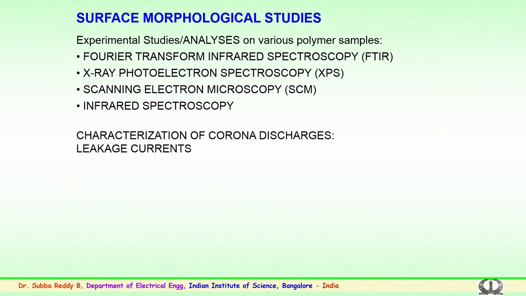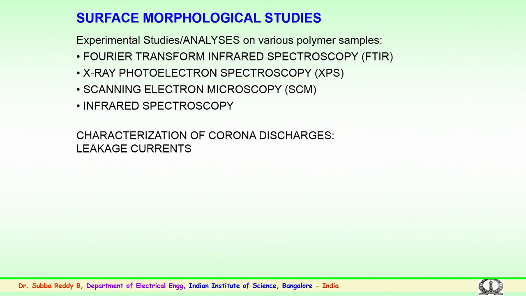The interpretation of the results pertaining to the surface morphological changes which happen on the insulator samples, various methods are adopted after the experimentation. These are some of the methods.